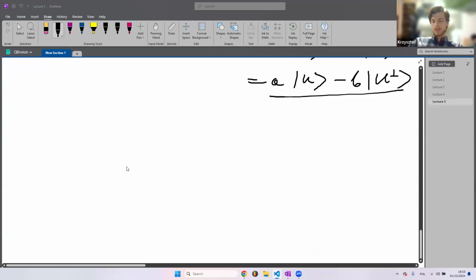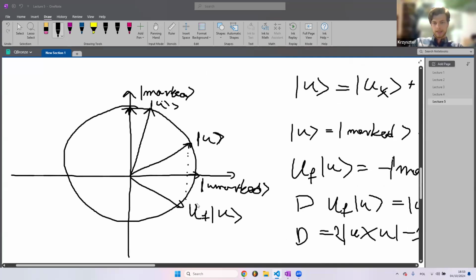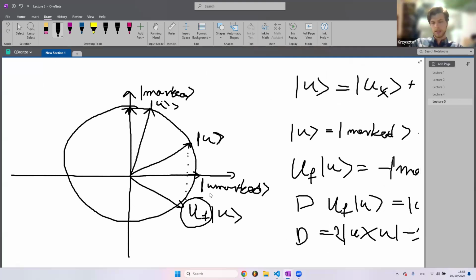But in Grover's algorithm, we assume that this UF, this operator that changes the phase of the marked elements, has a very complex form. So we actually don't know this. This is called an oracle. So we give a query to the oracle, and the oracle will give us some value.